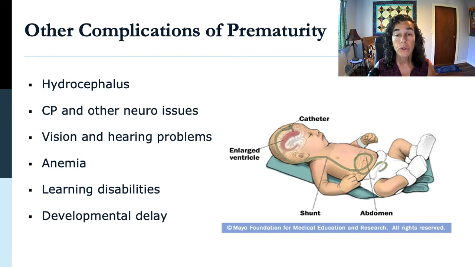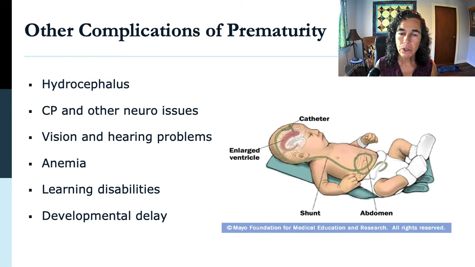Also, vision and hearing problems, anemia, learning disabilities, and that is diagnosed much later in a child's life, but there is a correlation there, and also developmental delay. In other words, a failure to develop in a typical fashion.